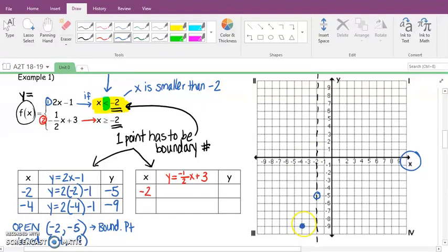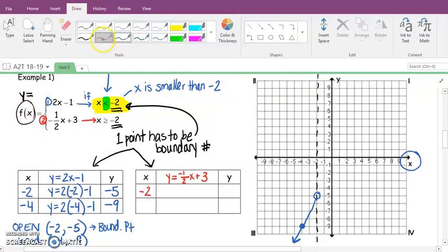Alright, now since this point is to the left of that boundary line, I know that this graph is only going to be on this left side. So when I draw it, I'm only starting at my boundary, drawing it towards that left point, and then putting an arrow on the end. It's not going both ways, just one way.